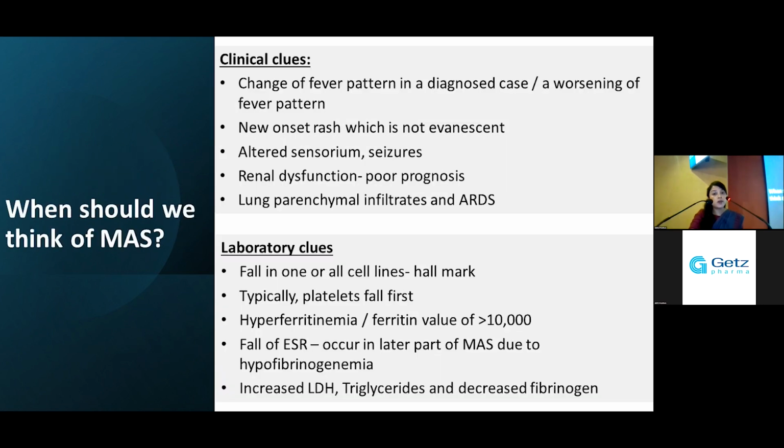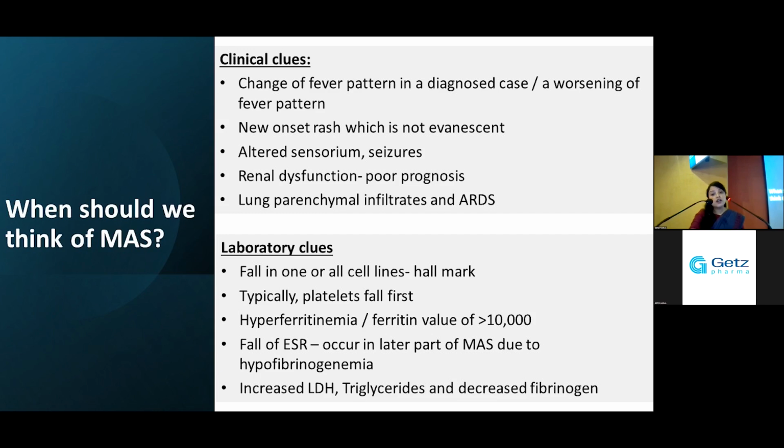So I would point out some clinical clues for early diagnosis of MAS: change of fever pattern in a diagnosed case or worsening of fever pattern, new onset rash which is not evanescent, altered sensorium, seizures, renal dysfunction, lung parenchymal infiltrates. These are considered clinical clues, although the latter three are in the later phases of MAS.